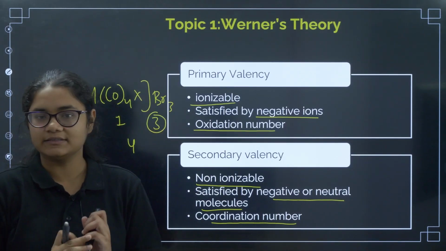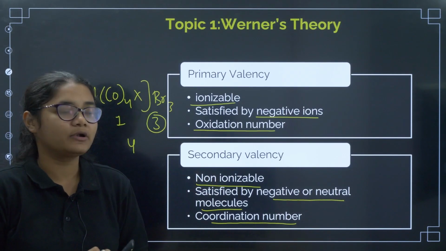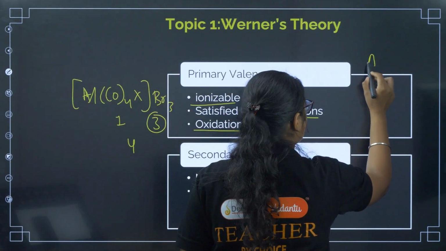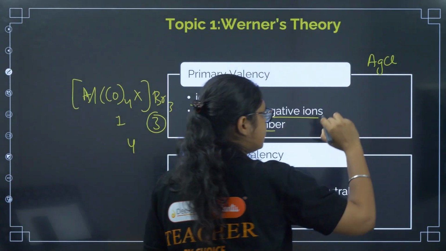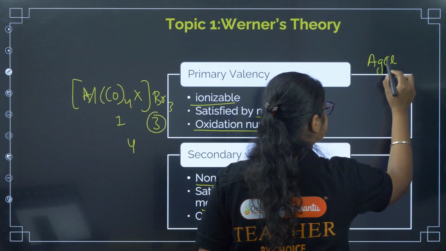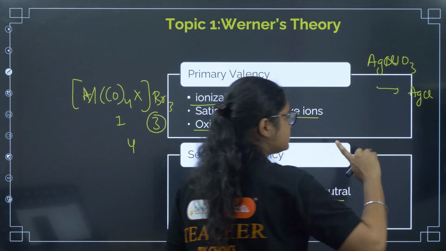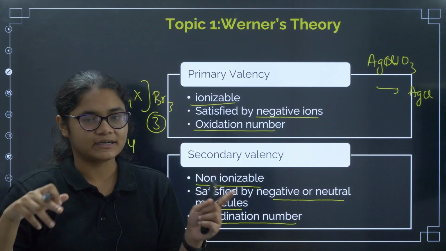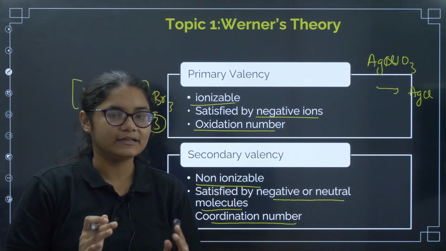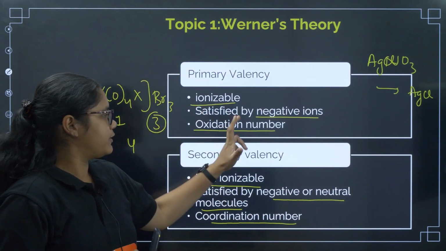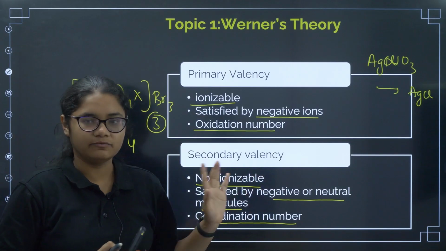Such types of questions are asked. There are also questions about AgCl, so prepare this AgCl concept. When you react a complex with AgNO3, how many moles of AgCl are produced, and based on that we can tell how many chlorines are outside the complex and how many are inside the complex. Such application based questions are asked from Werner's theory.